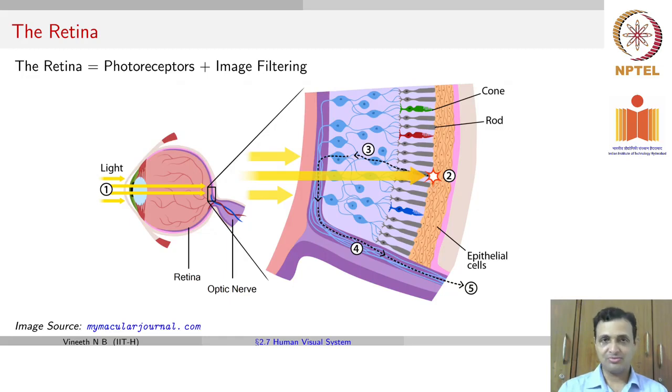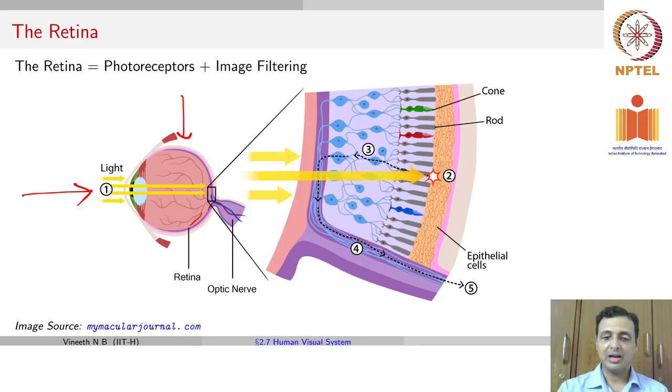So the retina itself, which is the sensor of our human visual pathway, consists of photoreceptors and also does a lot of image filtering before it passes on information to the next phase of the human visual pathway. So if this was our retina and light fell from left to right here, the back of the retina is blown up on the right side, so you can see that a bit more closely.